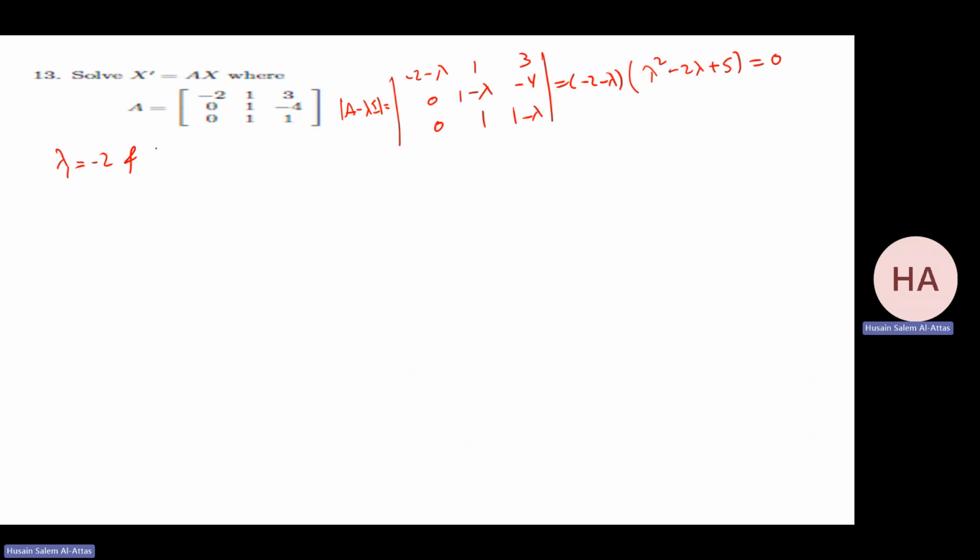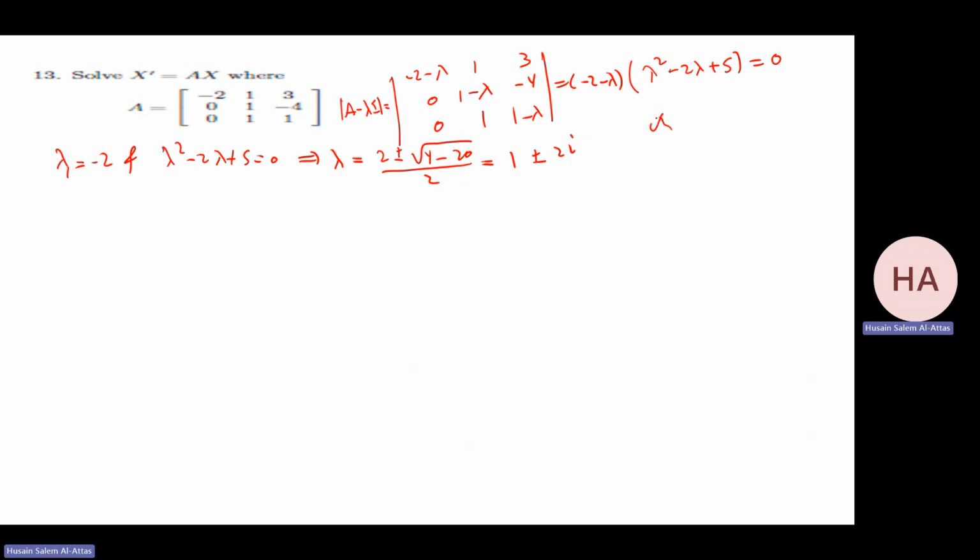And I have this one, I need to solve the equation. So I get lambda equals what? 2 plus or minus square root of 4 minus 20, over 2. That is 1 plus or minus 2i. Okay.